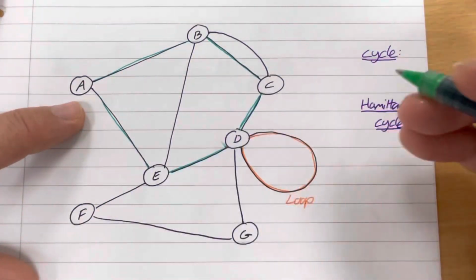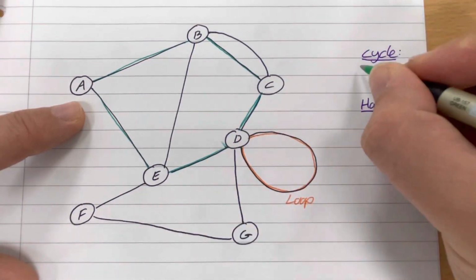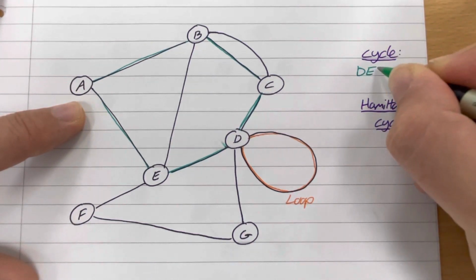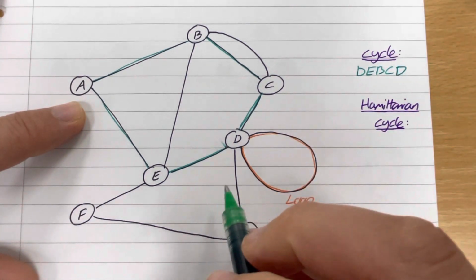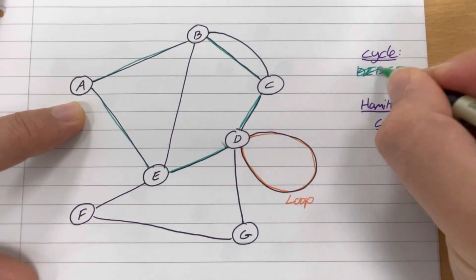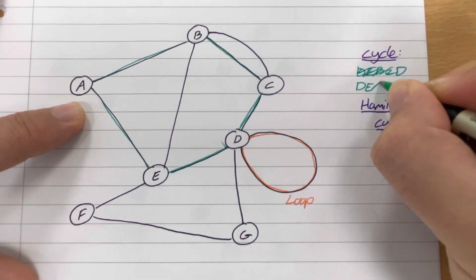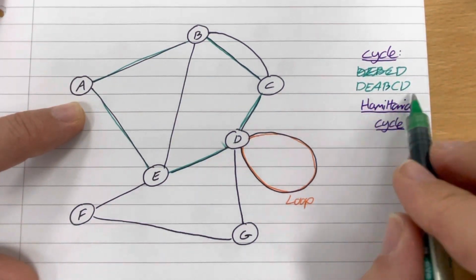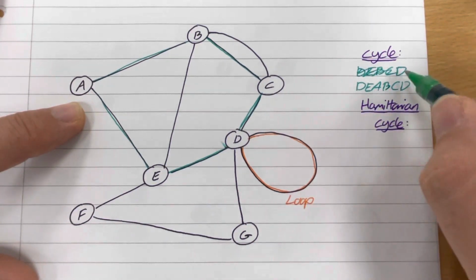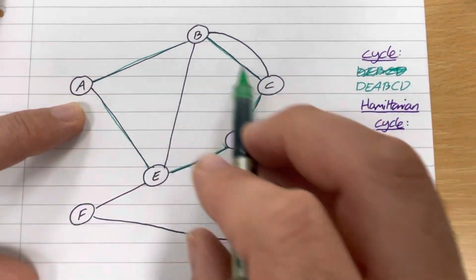To denote this cycle, I could refer to it as D, E, B, C, D. Hold on. D, E, oh, I missed the A. D, E, A, B, C, D. There we go. So that is how I can represent this cycle in this graph.